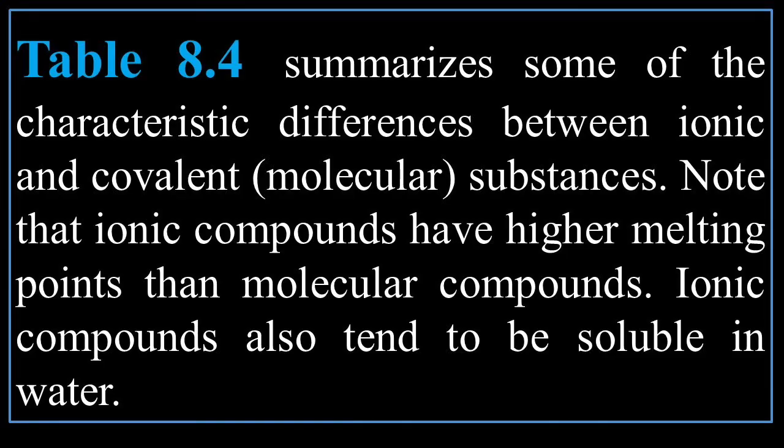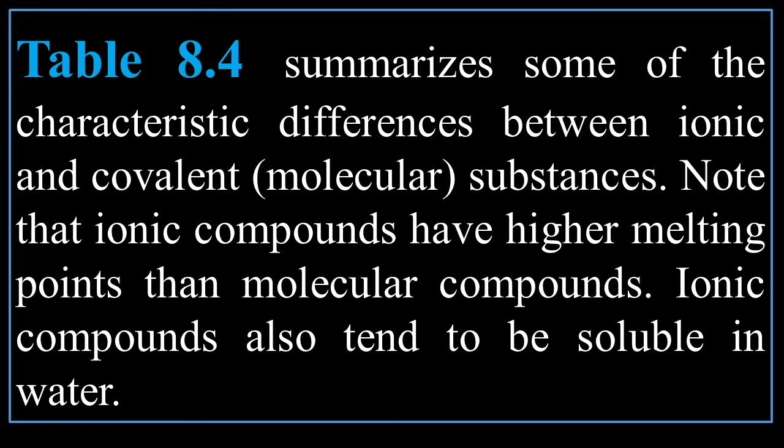Table 8.4 summarizes some of the characteristic differences between ionic and covalent molecular substances. Note that ionic compounds have higher melting points than molecular compounds. Ionic compounds also tend to be soluble in water.